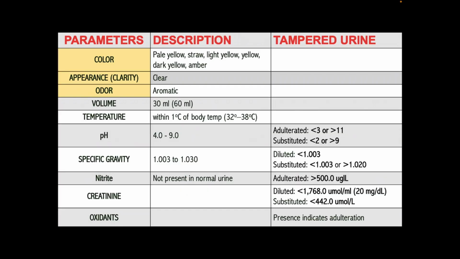For the physical characteristics, we have the color, the appearance or clarity of urine, and the odor. The color is in the shade of yellow. The appearance is clear. The odor is aromatic. For the volume, for single collection, 60 ml, and for split, 30 ml per bottle. For the temperature, it's within 1 degree Celsius of body temperature, so it's between 32 to 38 degrees Celsius.